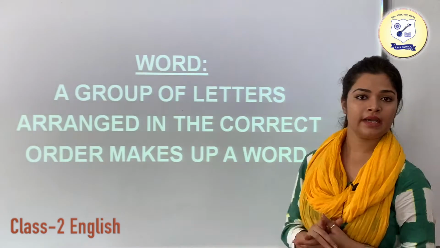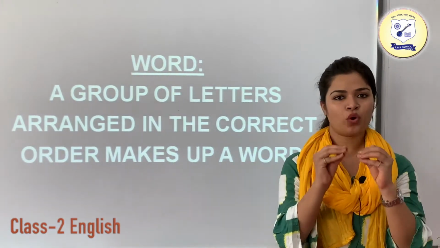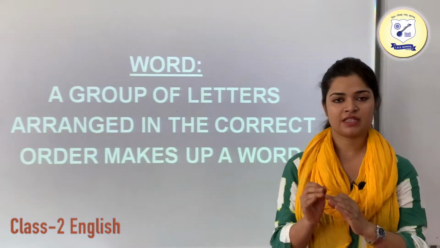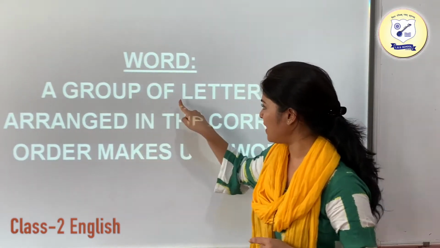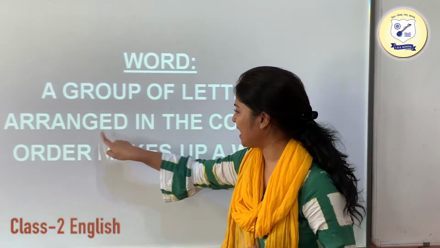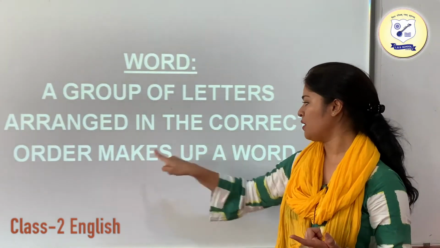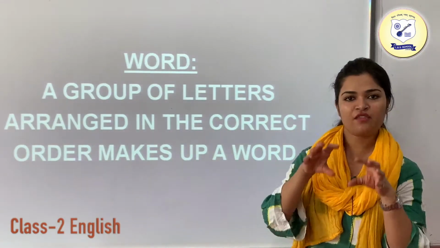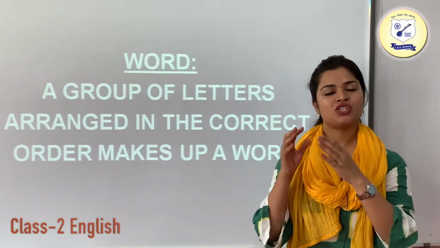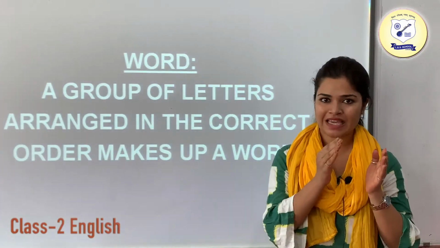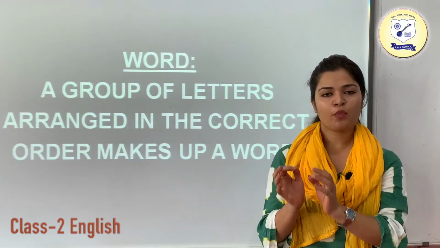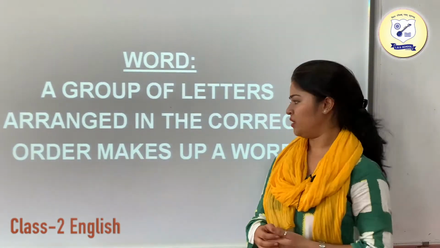Now what is a word? As I have told you, a word is a group of alphabets. A group of letters or alphabets arranged in the correct order makes up a word. If alphabets or letters are arranged in a manner that makes sense to you, then that group of alphabets is known as a word.